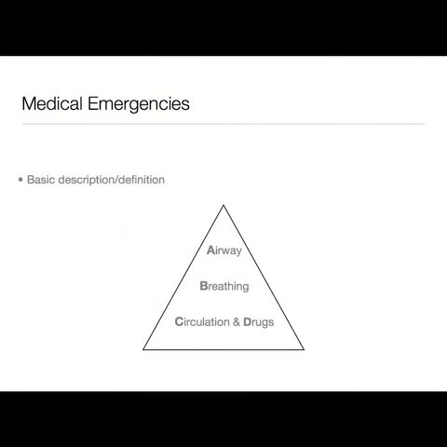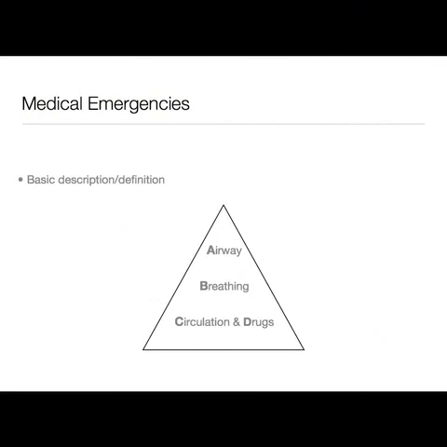A is of course for airway, B is for breathing, C is for circulation, and D is for drugs. Note this is different to the traditional classification where D stands for disability. You should go through this basic scheme every time you are confronted with an emergency. Some examiners may get a little exasperated by hearing this again and again, but it ultimately shows that you do have a sensible method and are therefore safe.